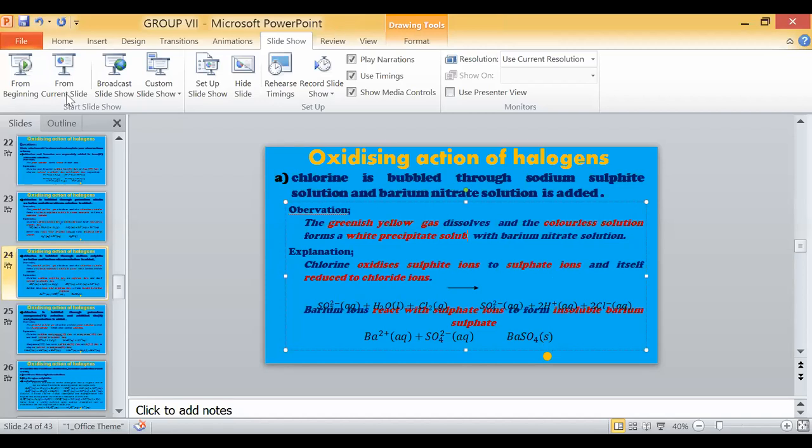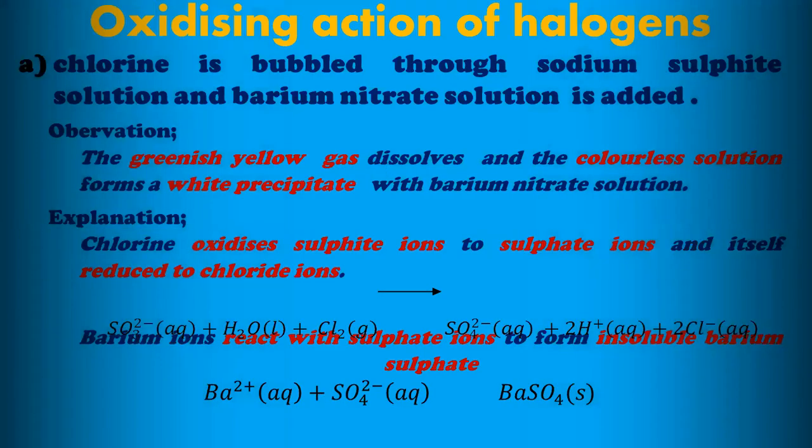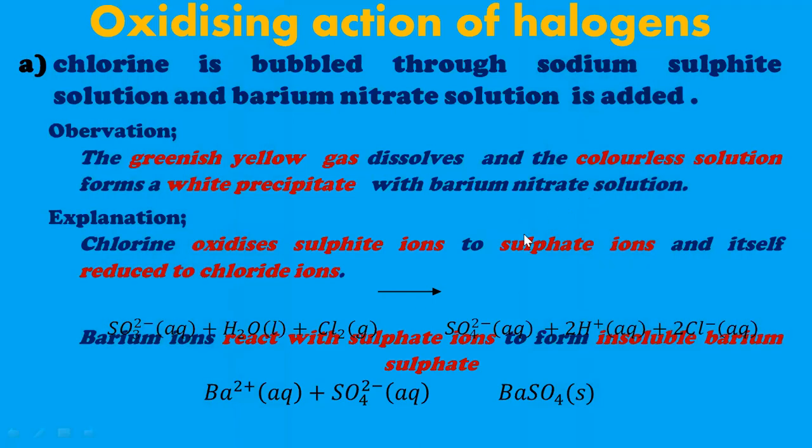So that should be the observation. The greenish yellow gas dissolves and the colorless solution forms a white precipitate with barium nitrate.